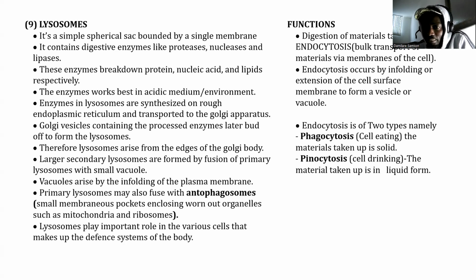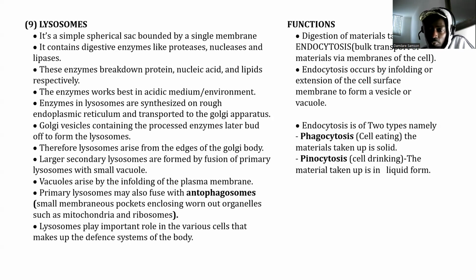Endo means inside. Endocytosis occurs by infolding or extension of the cell surface membrane to form a vesicle or a vacuole. So that's an example of what lysosomes can do.